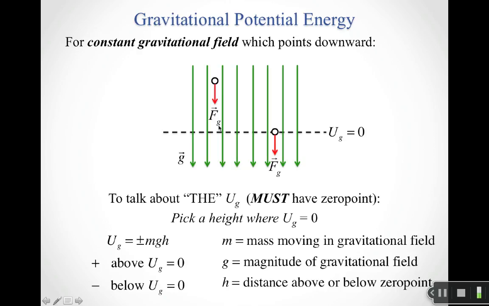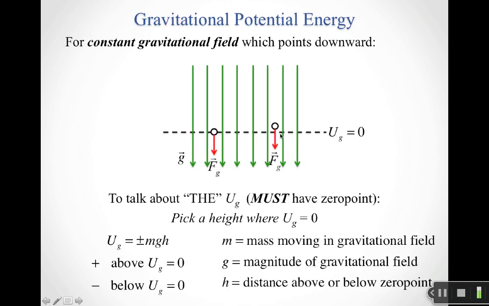So here I have an object that's above the 0 point, so it would have a positive gravitational potential energy. So it would be plus mgh. If I let it fall, it started with positive potential energy and fell to 0 potential energy. So again, that's still decreasing because I'm going from final minus initial, 0 minus something positive.